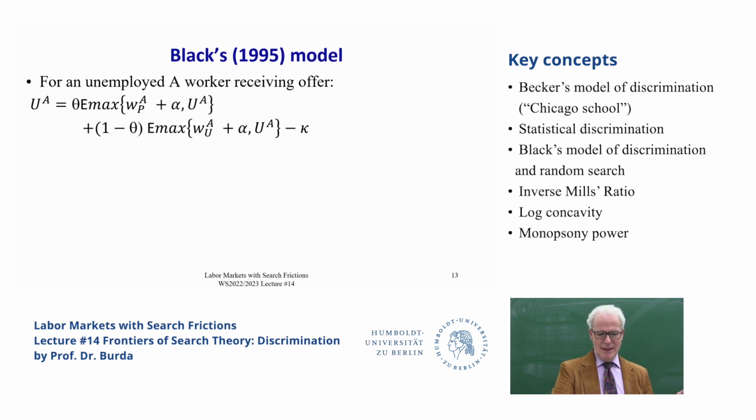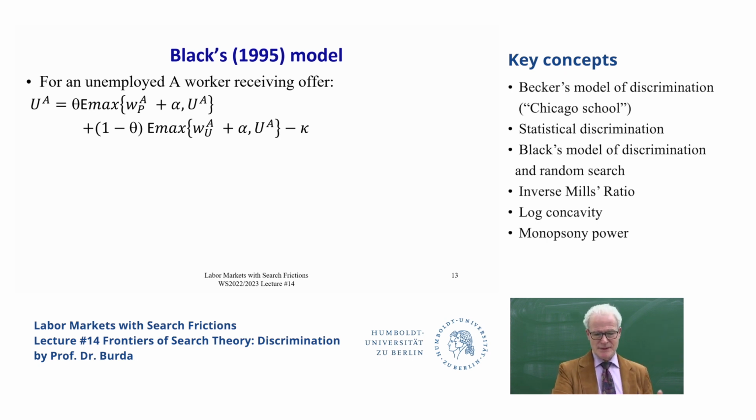So here, UA is utility in the situation where you have a wage offer that you have to pay kappa to get, and then if you get it, you can choose to maximize, staying unemployed, which would give you UA, so it's a recursive setup, and if you get a really nice WA plus alpha, and the random part for you is alpha, you're really fishing for alpha.